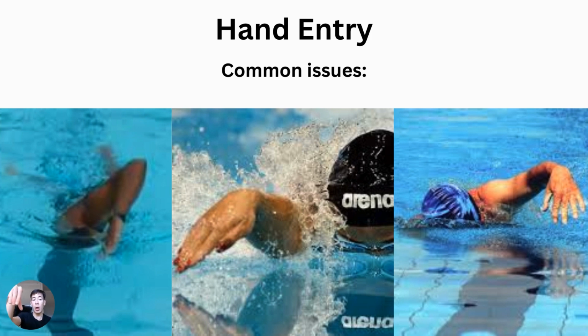And we don't want a low elbow in our pull. We want a nice high elbow. And for the swimmer on the right over here, there's a lot of wasted movement in that technique. So what's going to happen is that once they enter the water, they're going to have to move their hand inwards and then start their pull, as opposed to just going forwards and back. So there's a lot of wasted movement there.